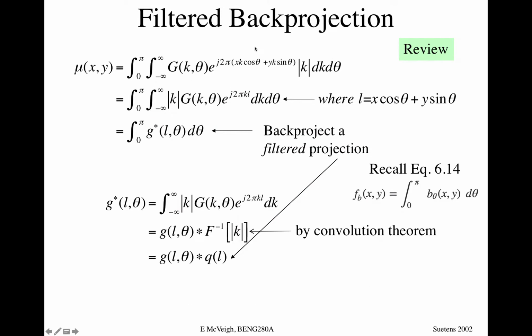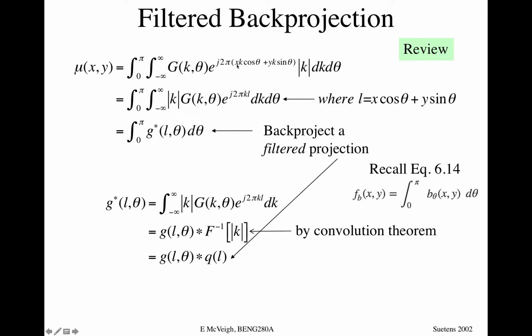Looking at the two-dimensional inverse Fourier transform in polar coordinates, so this is the truth, the underlying true Fourier transform of the object. And this is the underlying true image that we're trying to recreate, right? And it's the linear attenuation coefficients as a function of position in the plane.